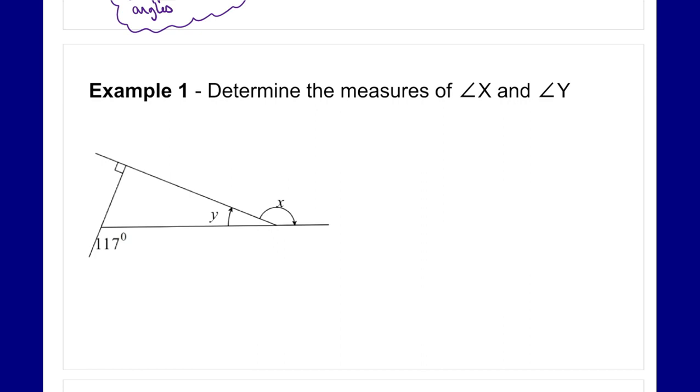Looking at another example, we want you to again determine the measures of x and y. Right, so we see x and y. We're going to have to come up with some other information before I can find those two.